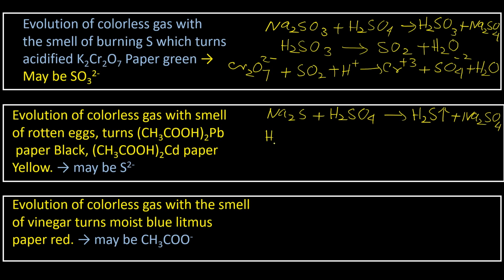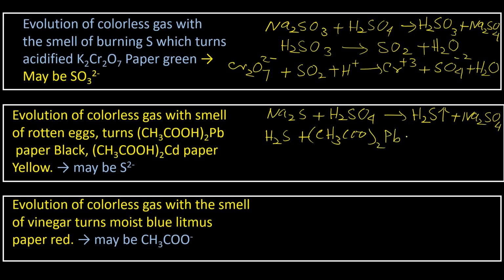Now this hydrogen sulfide, what you are doing is dipping the paper in lead acetate solution and holding it over the gas. The gas with the smell of rotten egg is coming out. You are holding it over that. Then what happens? It is lead acetate solution, (CH3COO)2Pb.